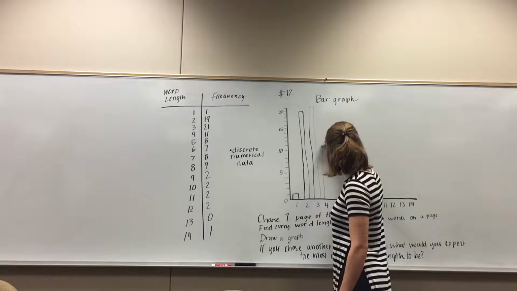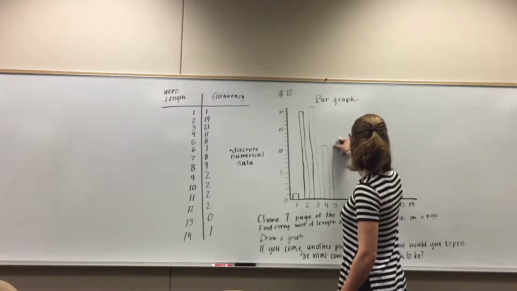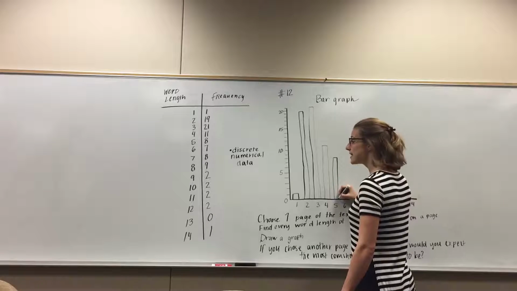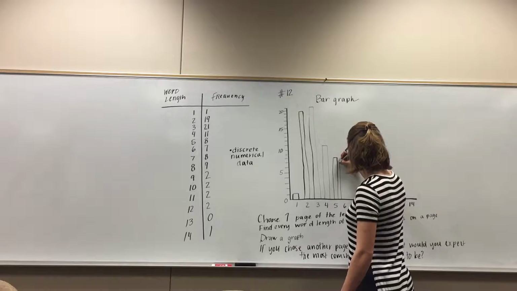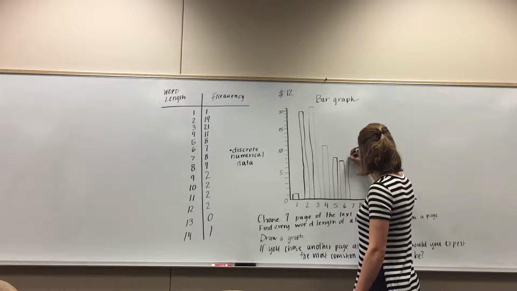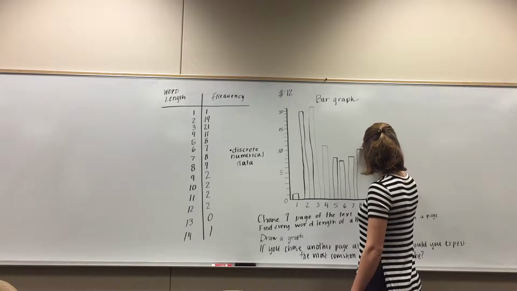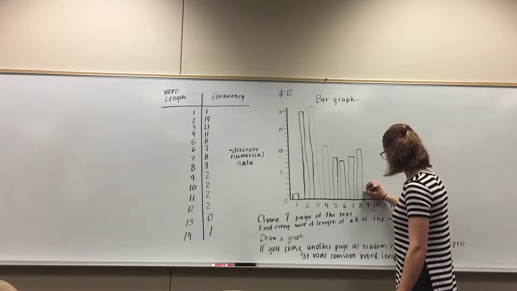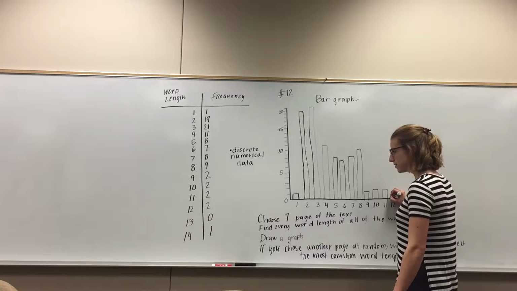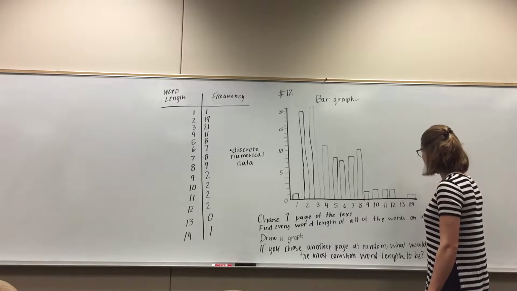And 4 had 11, 5 had 8, 6 had 7, 7 had 8, again, 8 had 9, 9 had 2, 10 had 2, 11 also had 2, 12 had 2, 13 had 0, and 14 had 1.